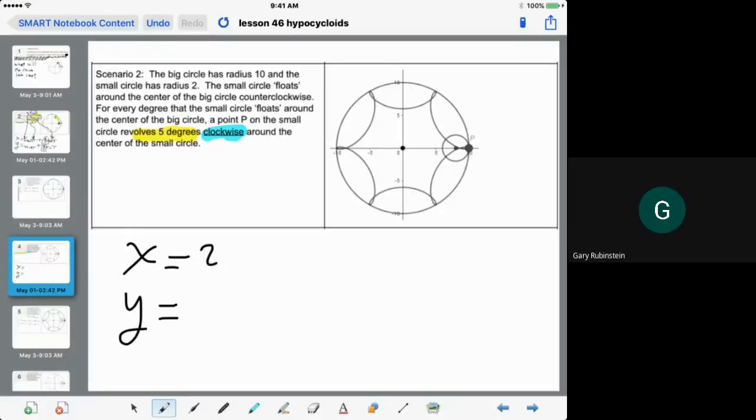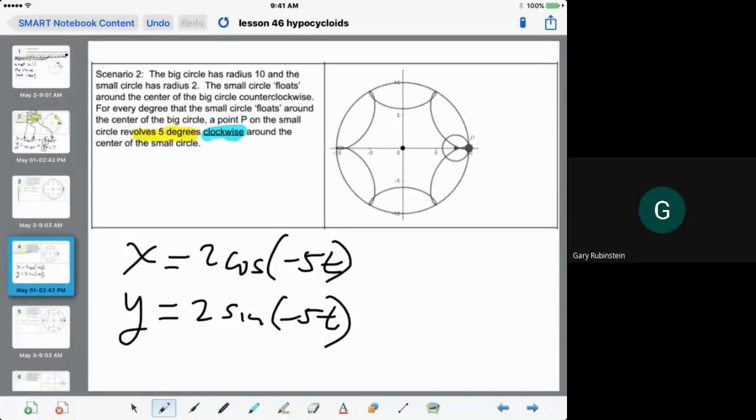Okay, good. And Syed fixed it up. The main difference is that the negative sign would go in front of the first part, because this first equation is for moving the point around the little circle, whereas the stuff after the plus sign is the movement of the center.